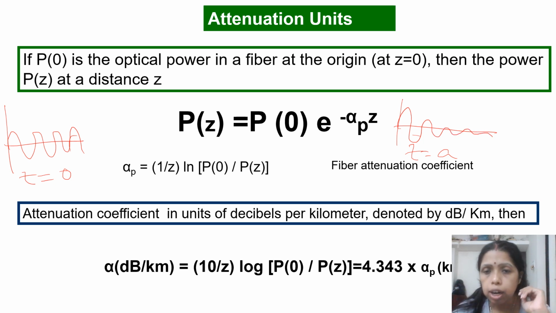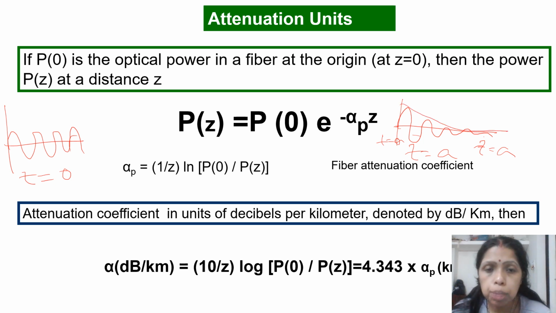Here, suppose z is equal to 0 at this moment, and here it is z equal to a. If you pick the peak point of the amplitude signal, you can see it is exponentially decreasing.